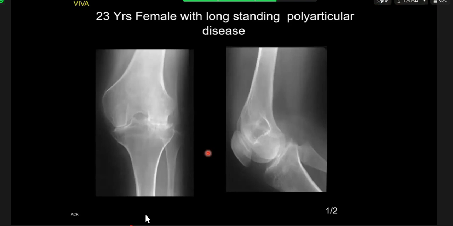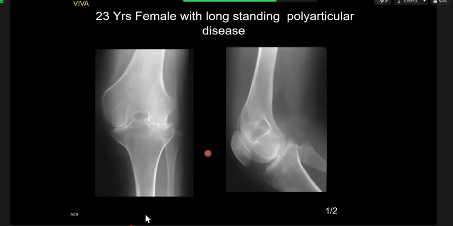Okay, so this is a frontal and lateral radiograph of the knee for a 23-year-old female. There is widening of the intercondylar notch on the frontal radiograph with moderate to severe degenerative changes, particularly in the lateral tibiofemoral joint.